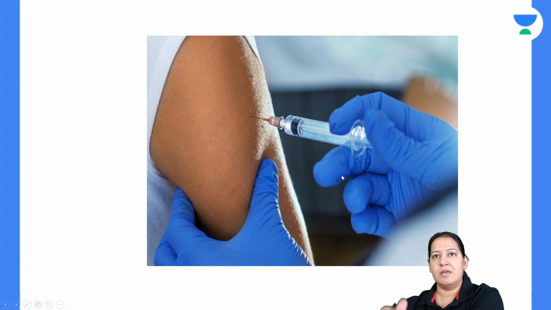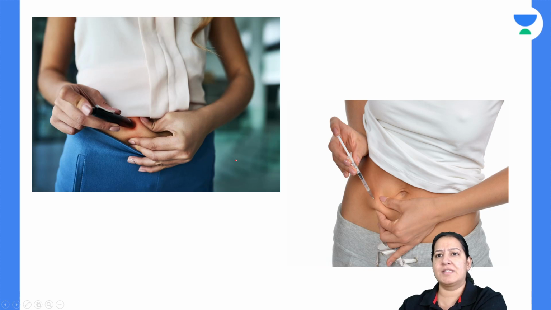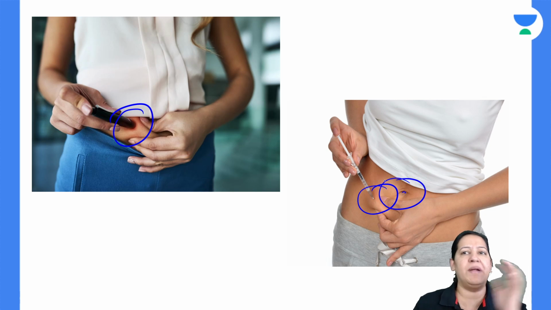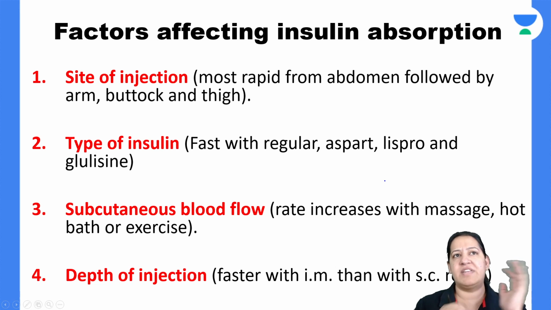Can you see? It is given at 90 degree by making a little bit of fold. You are giving it subcutaneous. But giving in the abdomen is very easy for the patient. Can you see? Patient herself or himself can give in the abdomen by making a fold. You have to leave a 2 centimeter rim around the umbilicus and give it anywhere, right?